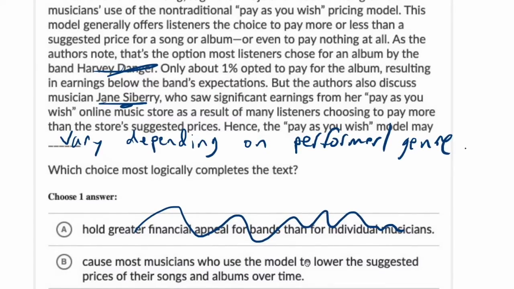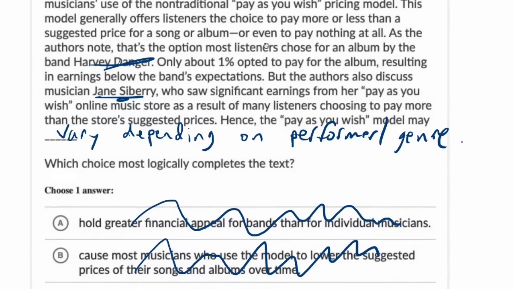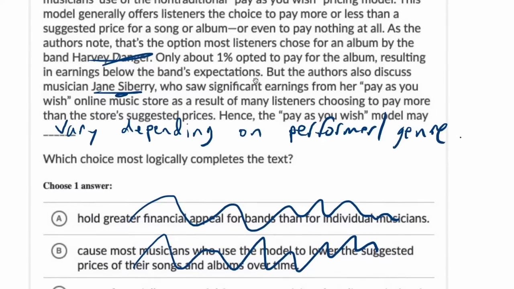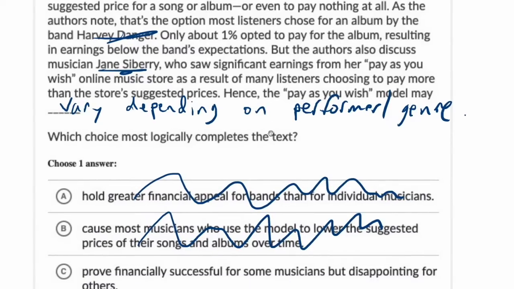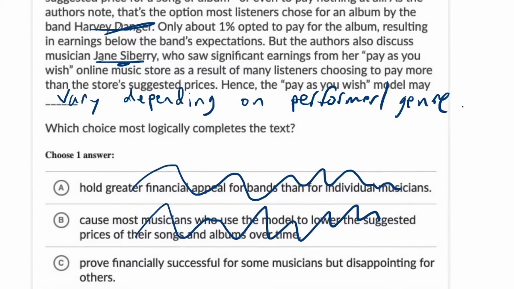Because most musicians who use the model, it doesn't say anything about the suggested price. Doesn't say anything about lowering or, for that matter, raising the suggested price. It's really more about variation in what customers pay relative to the suggested price. It may prove financially successful for some musicians, but disappointing for others. It may vary depending on performer.